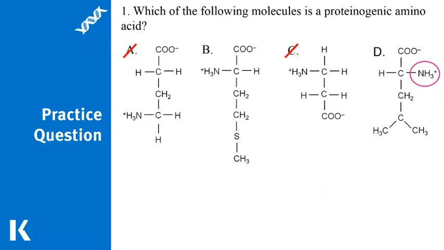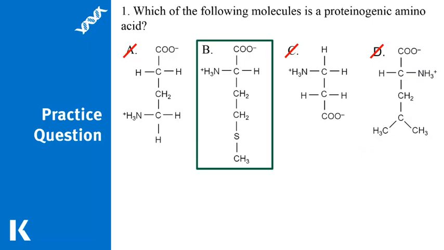Similarly, in answer choice D, we see that the amino group is on the wrong side of the molecule, making this in the D configuration, which also allows us to rule out answer choice D. That leaves answer choice B as an alpha amino acid in the L configuration and the correct answer.